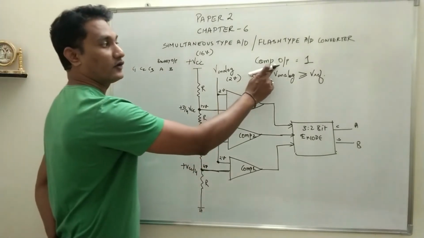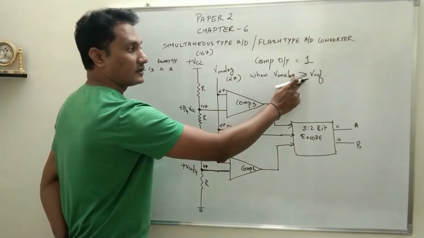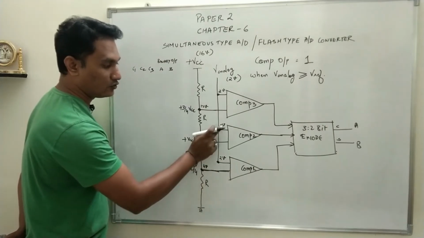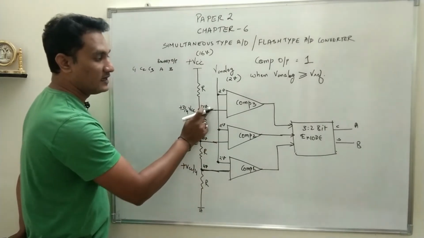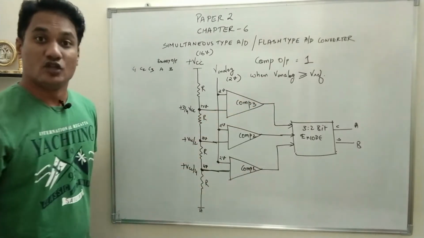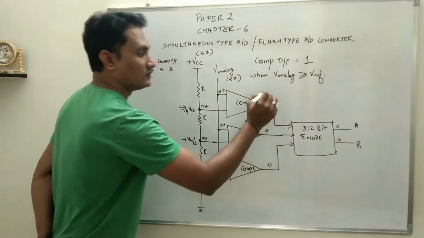The condition for the comparator output to become 1 is that the analog voltage should be greater than or equal to V reference. Now 2 volt is less than 4 volt, less than 8 volt, and less than 12 volt. So for all three comparators this condition is not satisfied, and the output of the comparators will be 0, 0, 0.